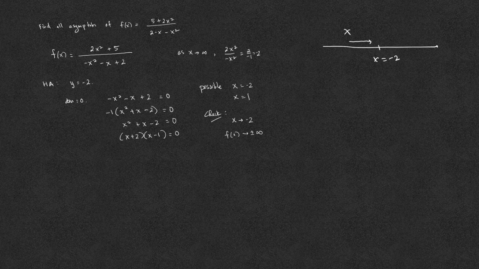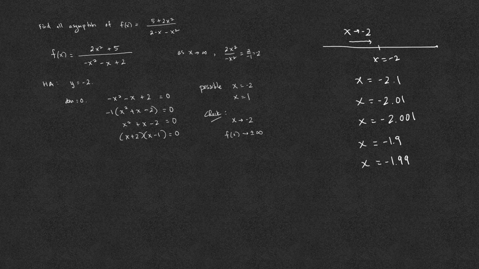And so at x going to negative 2 from the left, think of these as x equals negative 2.1 or negative 2.01 or negative 2.001 and so on. We can also check at x going to negative 2 from the right-hand side, which is negative 1.9 or negative 1.99 and so on.